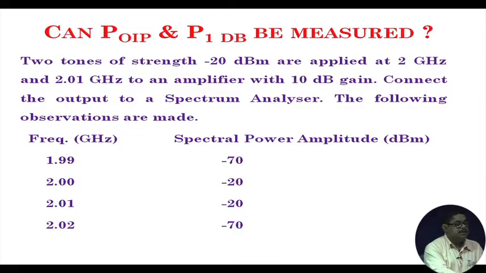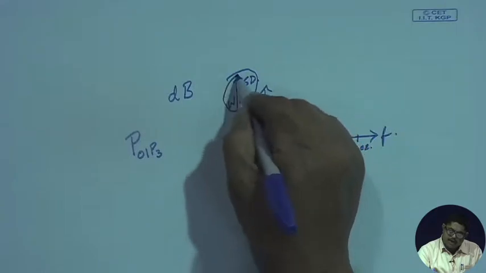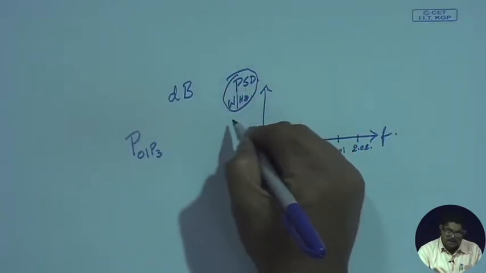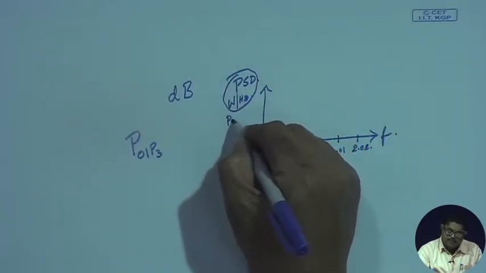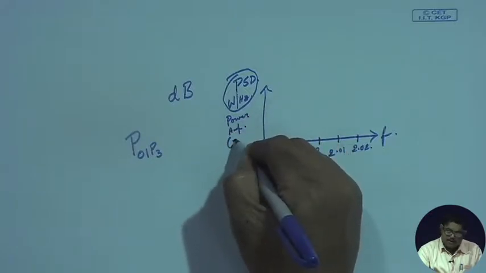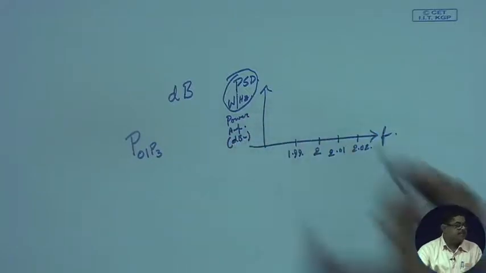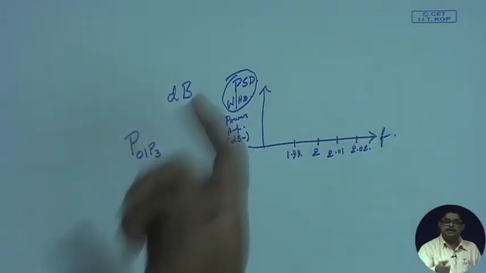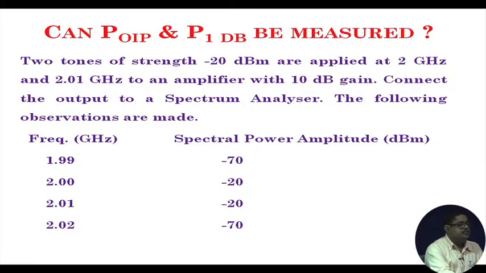Here you can also have in the y axis the power amplitude, that is in dBm. In the spectrum analyzer you can change this. So, if you put it in power amplitude, let us say that the values are these.